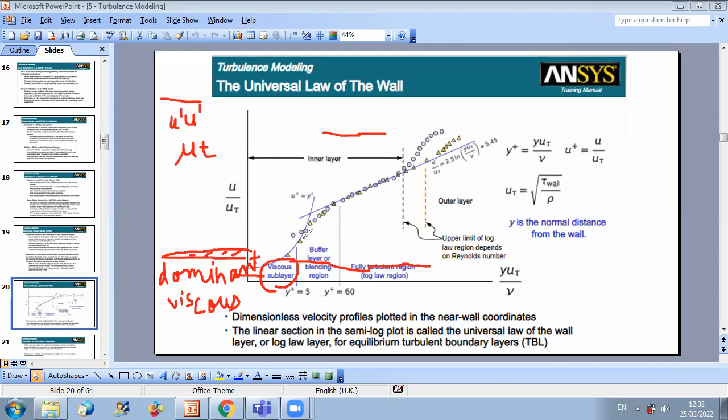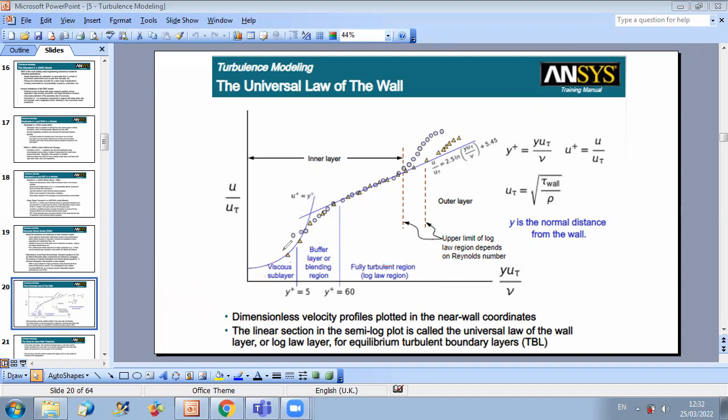And then we have a transition zone called the buffer layer or blending region, where we have transition from viscous layer to fully turbulent region. And at the end, when we are far enough from the wall, then we have a fully turbulent region.